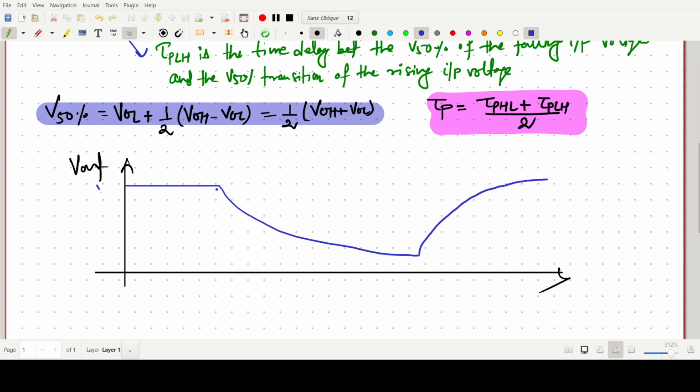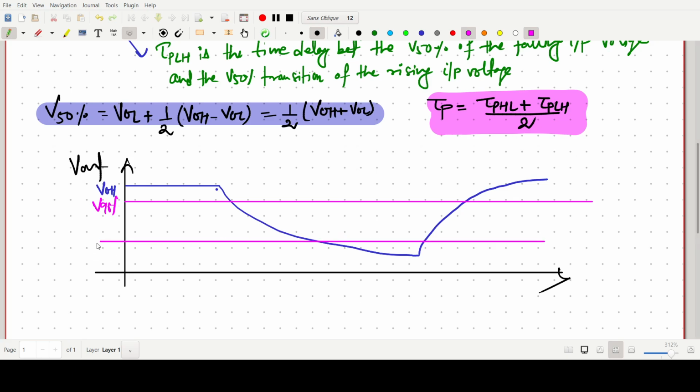So this one is our VOH, and one line I am saying is V90%, and one line is our V10%, and one more line, that is our VOL. This point is VOL.